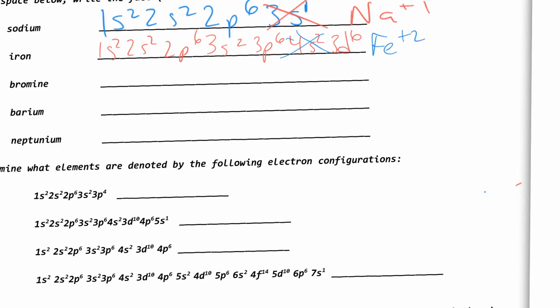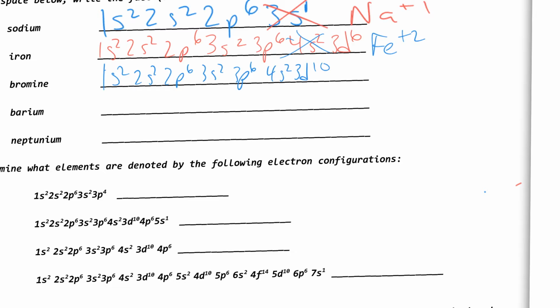We got 35. So we're going to go 1s2, 2s2, 2p6, 3s2, 3p6, 4s2, 3d10. That counts for, let's see, 2, 4, 10, 12, 18, 20, 30, and we said it was element number 35.